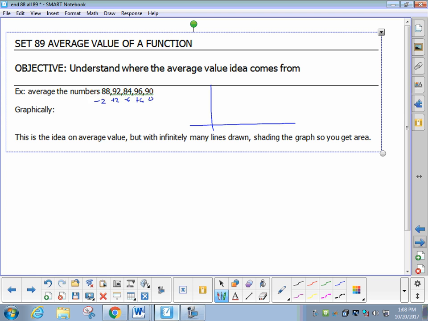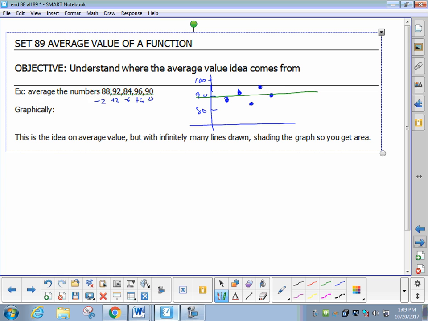Now, if you imagine this visually, we are looking at scores between 80 and 100. I suppose 88 would be about here, and 92 would be about there, and 84 would be about here, and 96 would be about there, and 90 is here. Now, we took a stab at 90. In terms of distances, those of you in stat can appreciate least squares regression and all that good stuff.